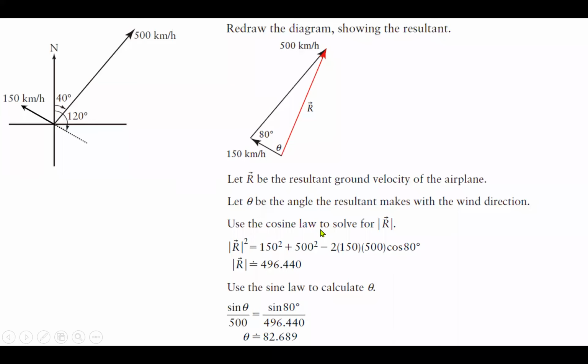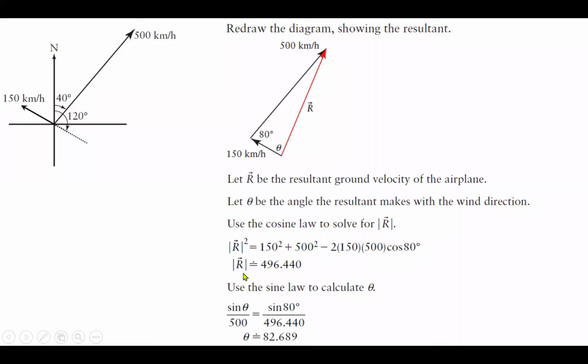Then we can use the cosine law to solve for the magnitude of r. The cosine law tells us the magnitude of r squared equals 150 squared plus 500 squared minus 2 times 150 times 500 times cosine 80 degrees.